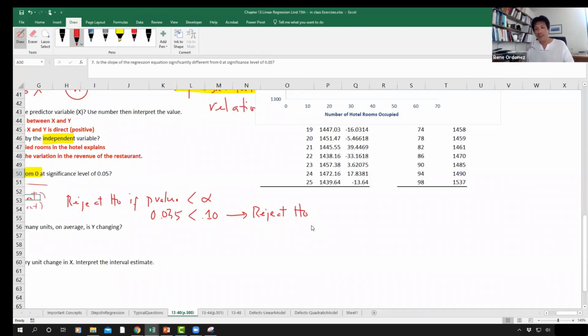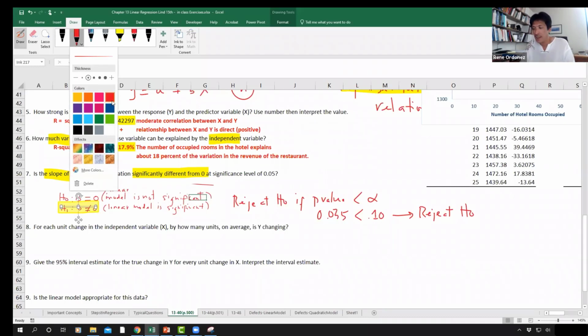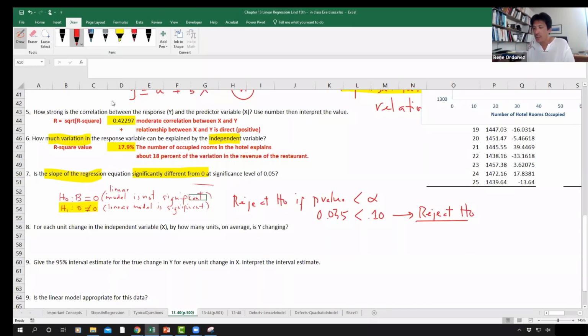All right, and by rejecting the null hypothesis, we're saying that the slope of the equation is not equal to 0, meaning in this case it's positive. All right. Rejecting the null hypothesis, we will conclude that the slope is not equal to 0.